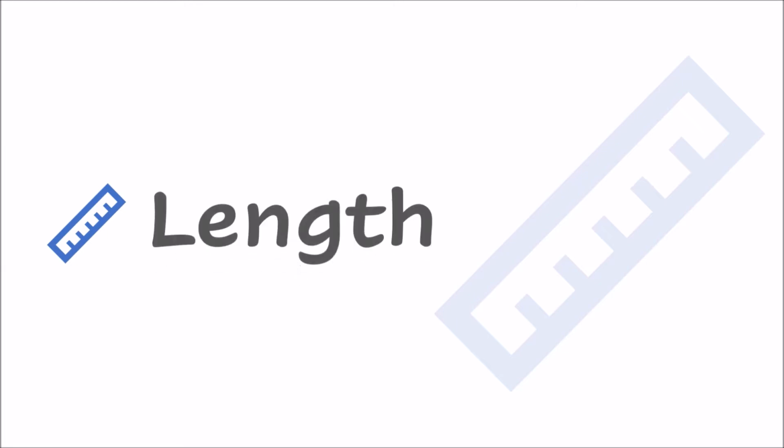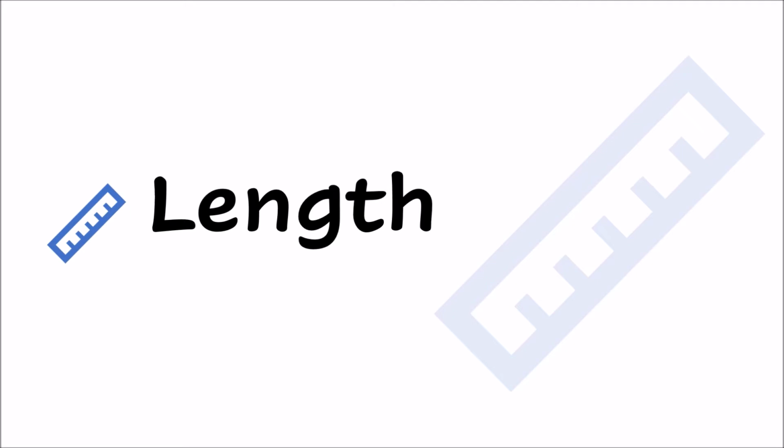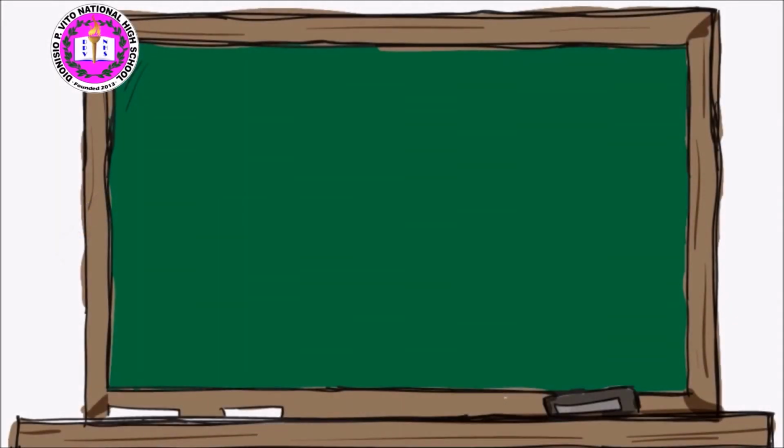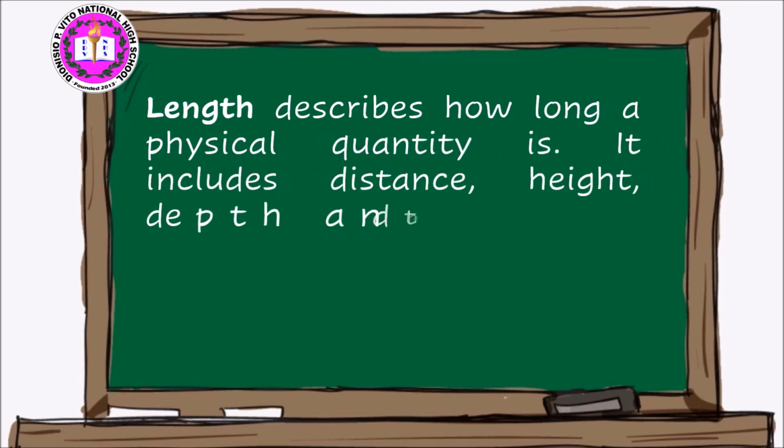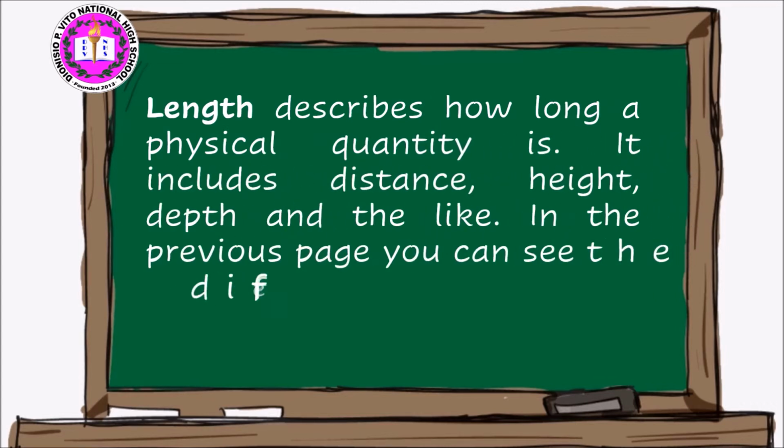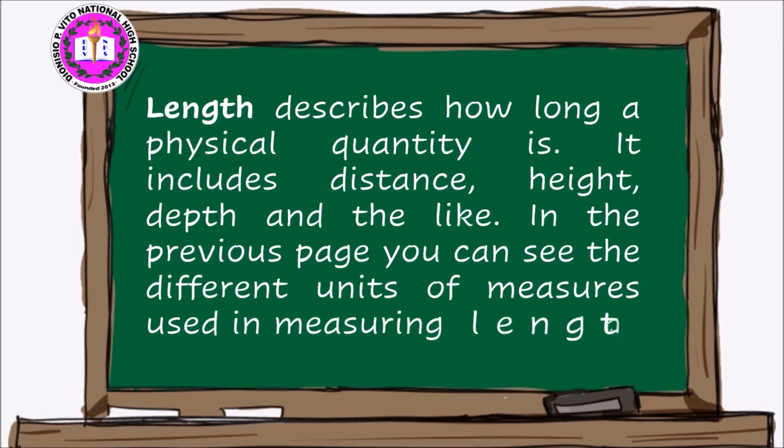Moving on to our lesson. Each unit of measure has its own use in any physical quantities. Let's start first with the length. Length describes how long a physical quantity is. It includes distance, height, depth, and the like.